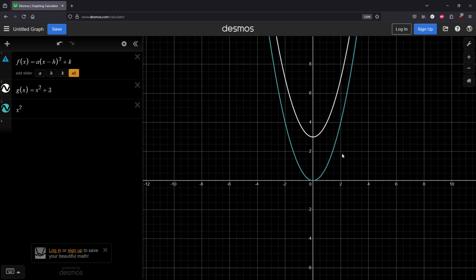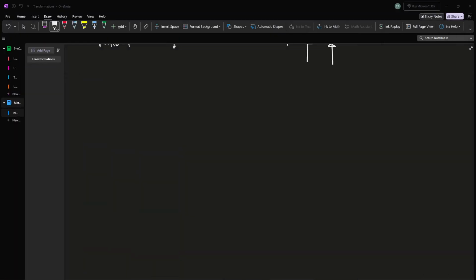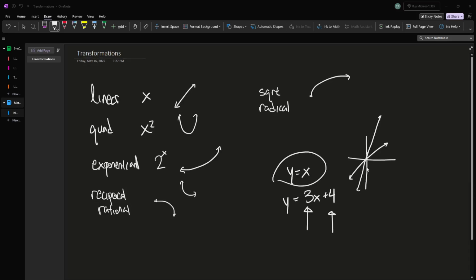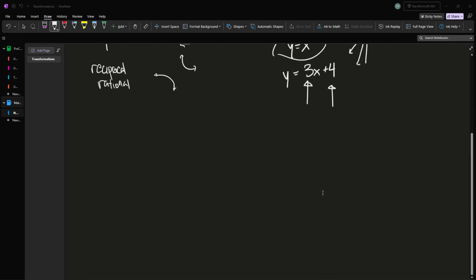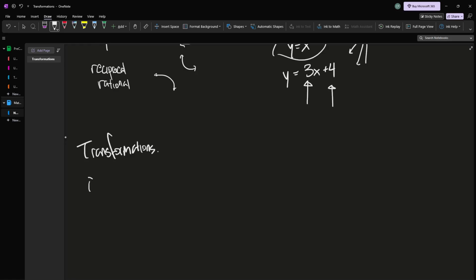This is the first transformation, and it's called sliding or translations. So we have one way of changing how our graph looks, because over here we see that we moved it up a bit. First off, we could translate it. That's the mathematical term.